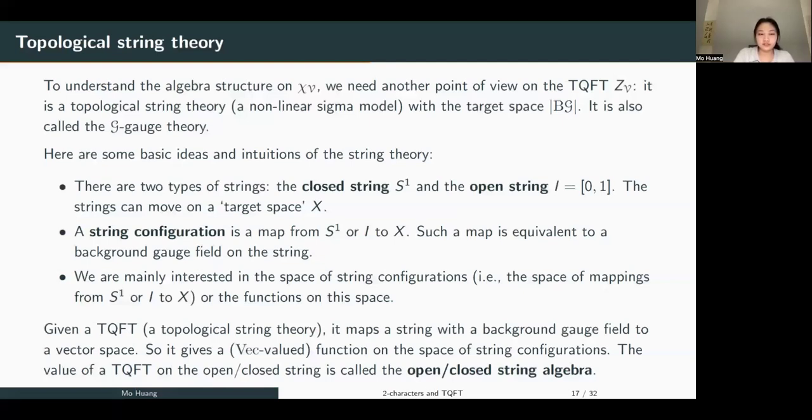Given a TQFT, or a topological string theory, it maps a string with a background gauge field to a vector space. So it gives a Vect-valued function on the space of string configurations. The value of a TQFT on the open or closed strings is called the open or closed string algebra.